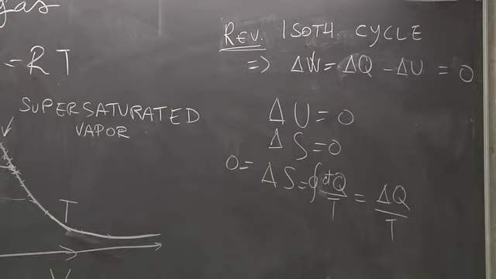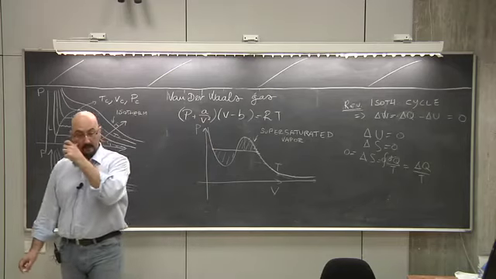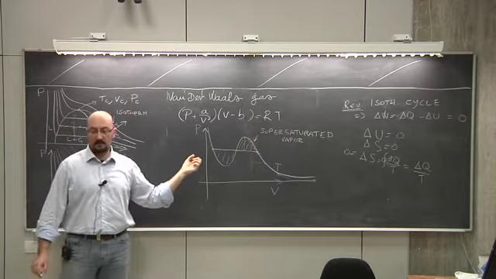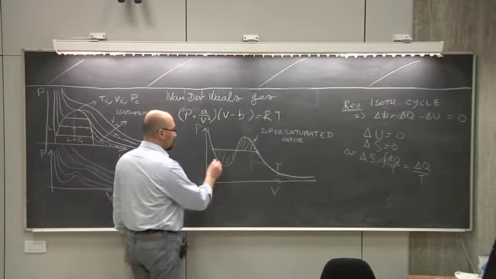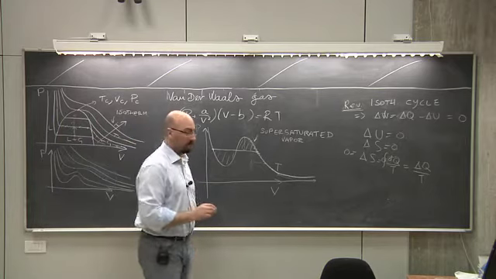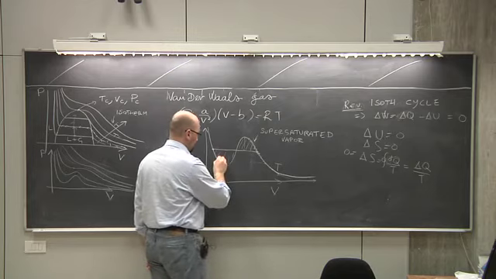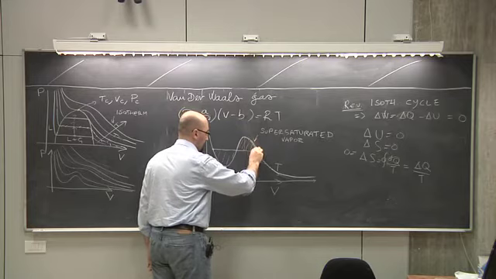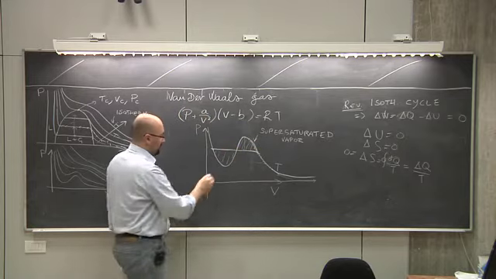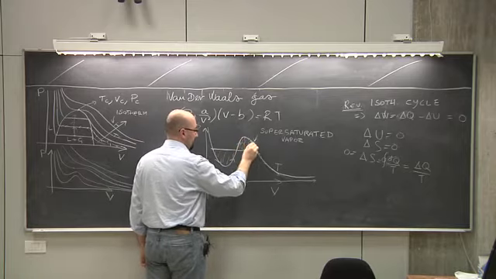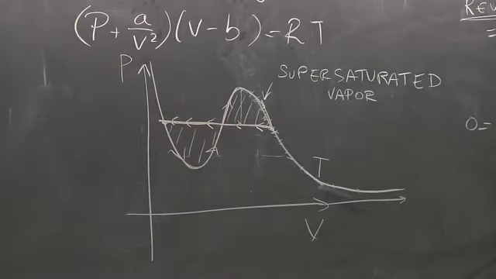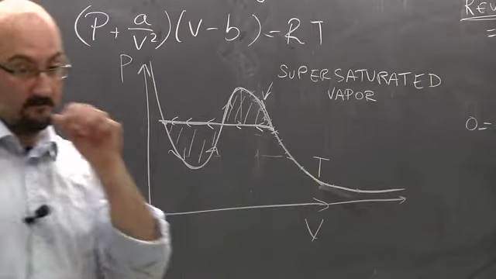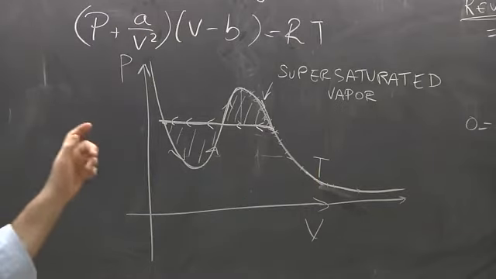Now let's take this thing here and build an isothermal cycle. The isothermal cycle that I want to build is the following. I go down here, up here, back here, and back to the beginning. The work has to be 0. But the work is the area enclosed by the cycle, right?